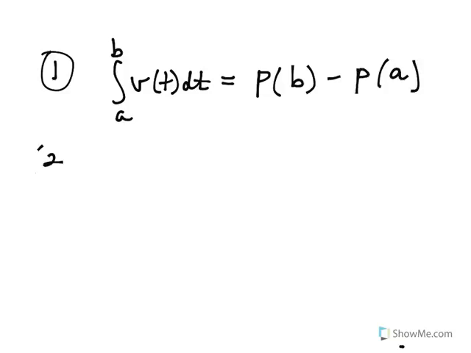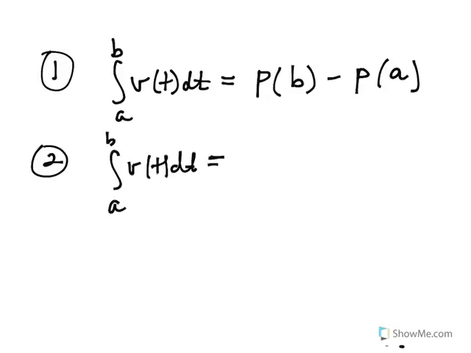b minus p of a. Okay, that's not hard. And the second one, again, we have an integral of v of t dt. And notice there's no absolute value around v of t. When you see the integral from a to b of v of t dt, remember that here we talk about the net distance the particle travels on the particular interval, in this case between a and b.